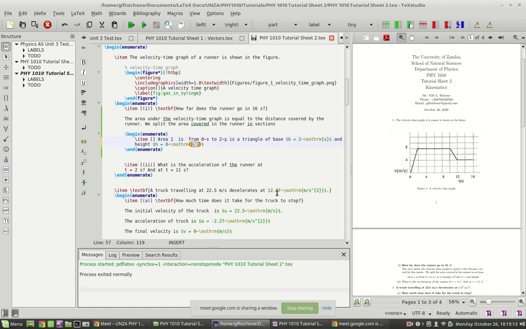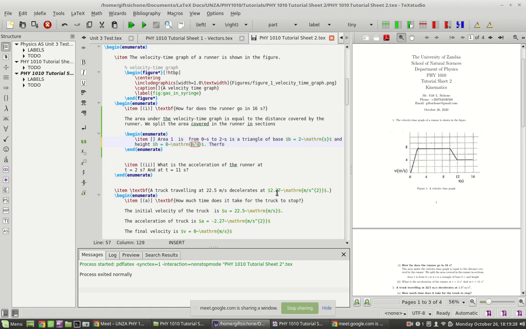Exactly, the height is 8 meters per second. And how much is the base? The base is 2. 2 what? Seconds. The base is 2 seconds. So the base of the triangle is 2 seconds. The height of the triangle is 8 meters per second.